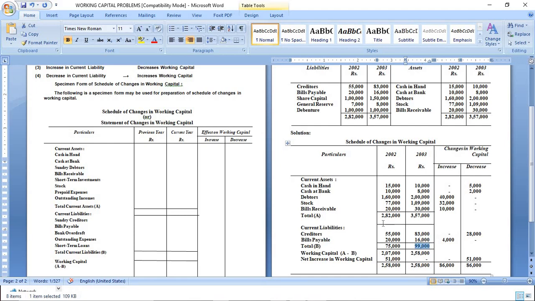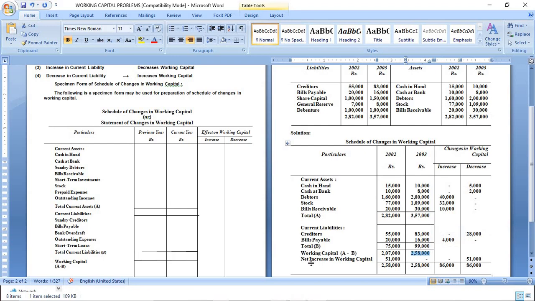Current assets are 2,82,000 minus 75,000, that is the B column, so it will give you 2,07,000. Same goes for the 2003 column: 3,57,000 is the current assets minus current liabilities of 99,000. It will give you the 2,58,000 figure. In this way, working capital is calculated.